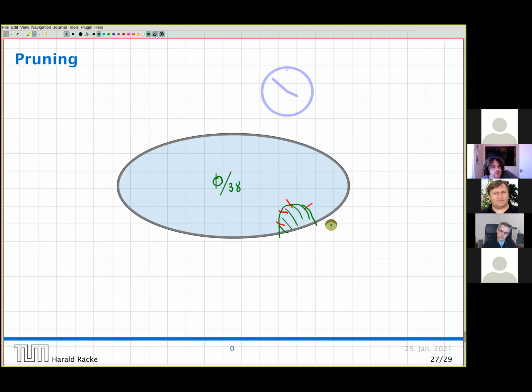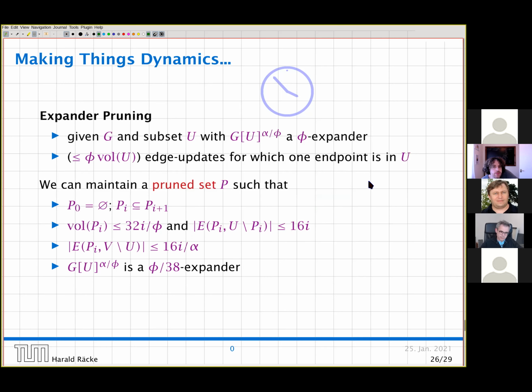You cut out something proportional to the number of edges that you deleted, and these simply become single vertices now. A single vertex is, of course, an expander. So in the end, you maintain this expander decomposition by this expander pruning algorithm.